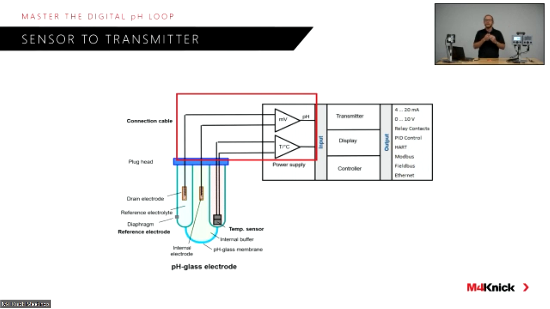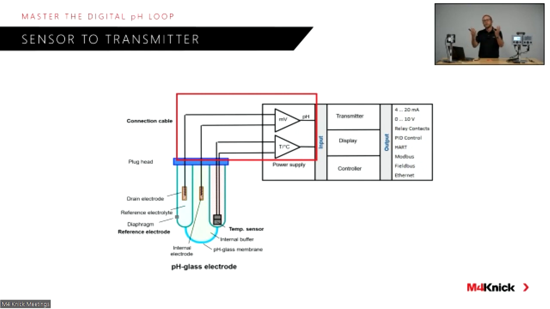Typically, it's a voltage signal from the sensing element to a transmitter, right? And that's what this diagram is representing. Those potentials are all developed and then sent via a voltage signal from the sensing element to our transmitter. And our transmitter's job is obviously to display the pH value.